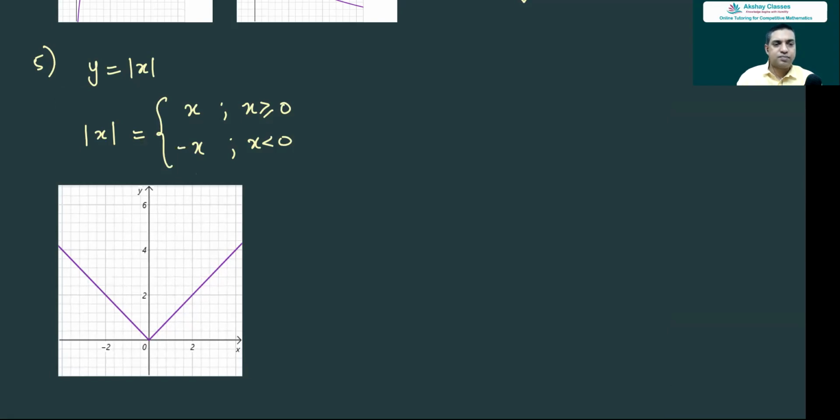So this is the graph. Now you please tell me all these factors. What is its domain? What is its range? Is it odd or even? Is it periodic?